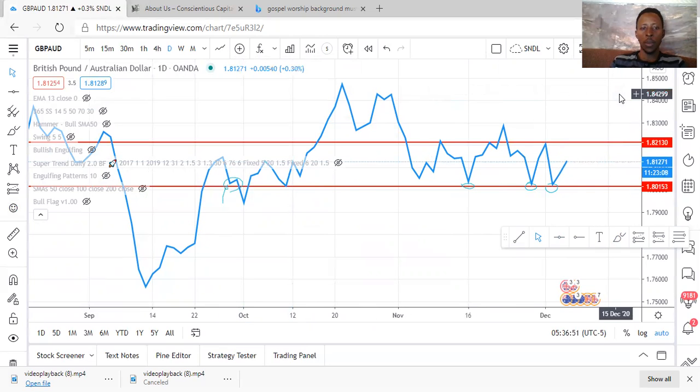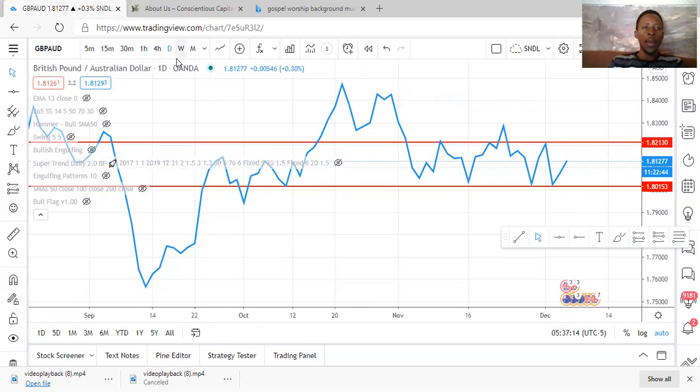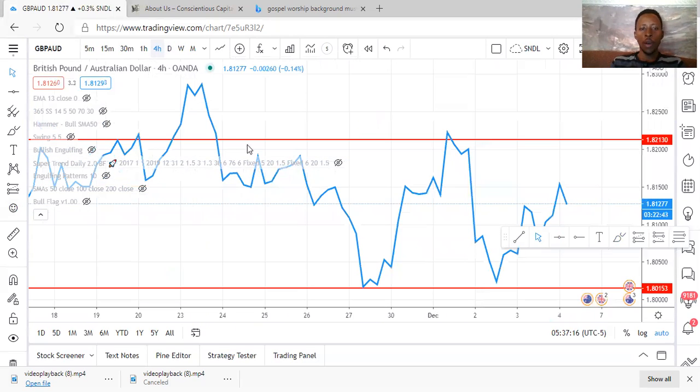This is proving stubborn. Why is this proving stubborn? Okay, we have so many of them. Okay, moving down to the 4-hour. I want to be a bit snappy with this.